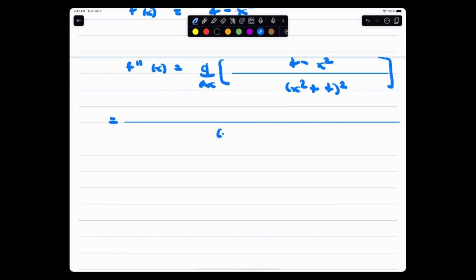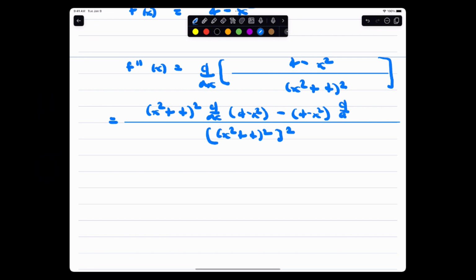And so remember what we do. You take the denominator and square it. You bring up the denominator, differentiate the numerator, minus the numerator, you differentiate the denominator.